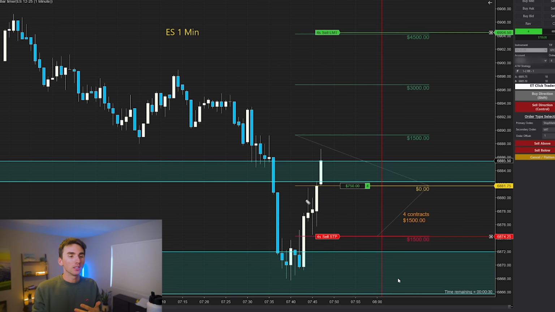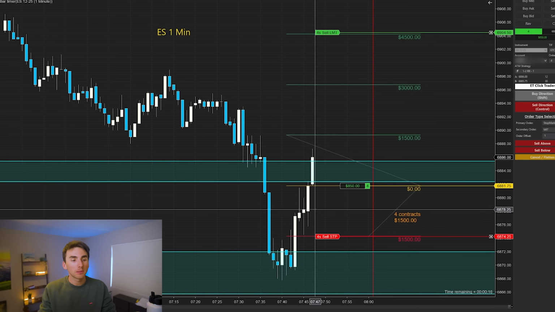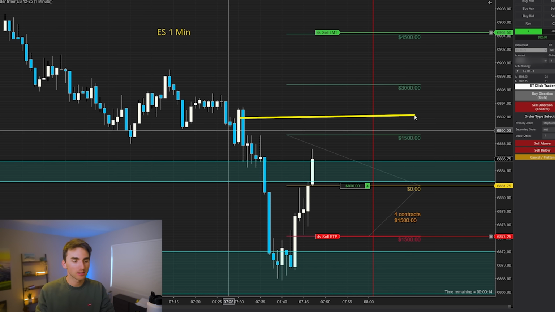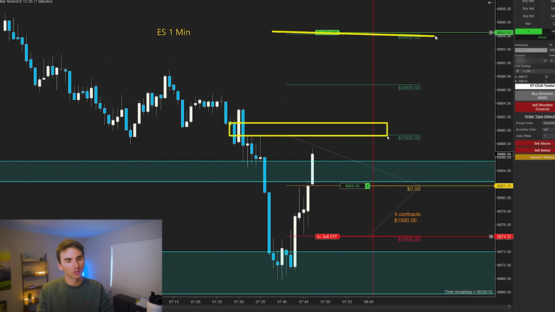So that's where you can either scale out, or I like to try and hold on to where it starts to actually hit one of those levels and slow down enough that I think it's going to reverse. But other people like to say, okay, well, it hits here, I'll close out half of my trade, and then here another half, and then here I'll close out the rest.